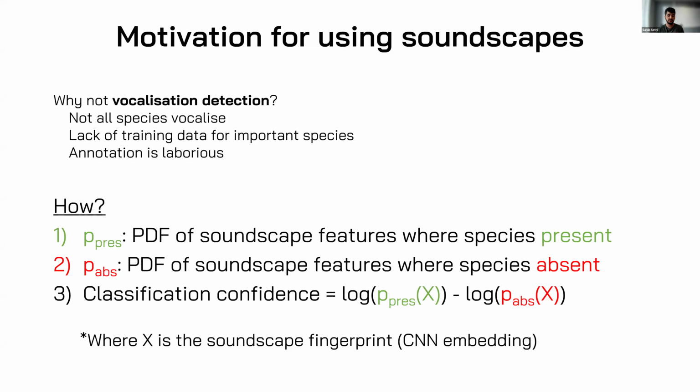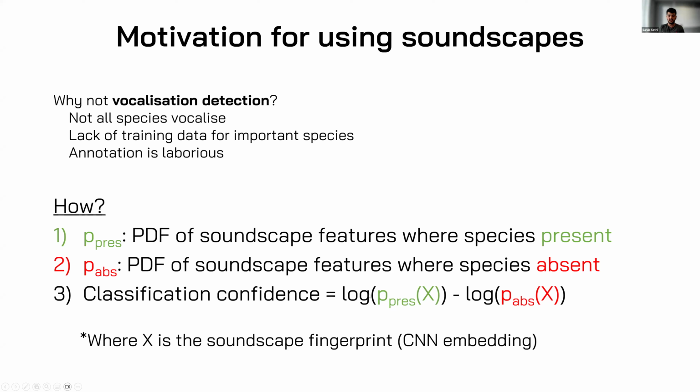And then what we did was we built a PDF, a probability density function of the soundscape features where the species was present. So we pulled all the 20-minute files where a given species was present. And then we did the same for all the soundscape features where the species was absent. And we built two PDFs, and then we looked at the log likelihood ratio between these two.